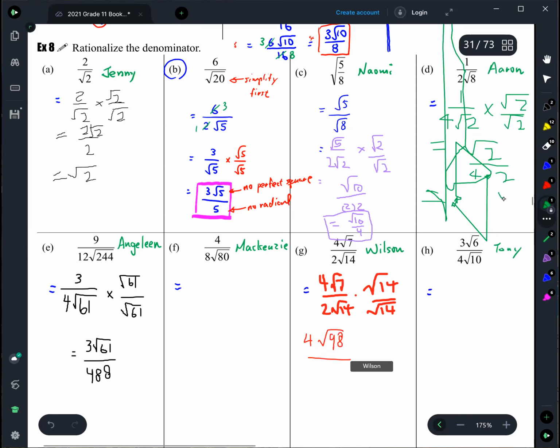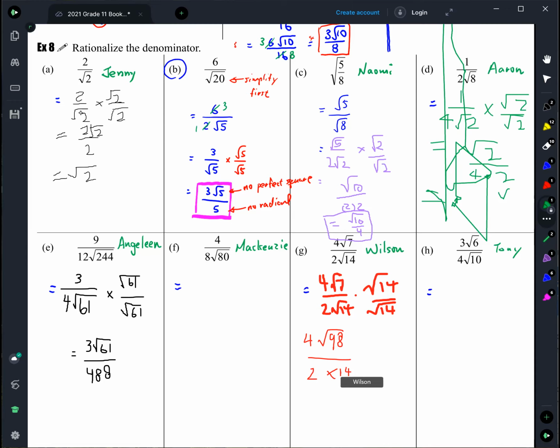Oh, Aaron, what happened? I don't know. I just tried to fill in the circle and that thing started writing. I don't have the annotate option on my Zoom, so I can't erase it.